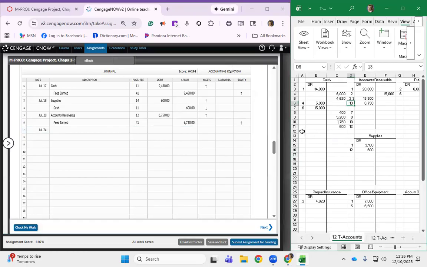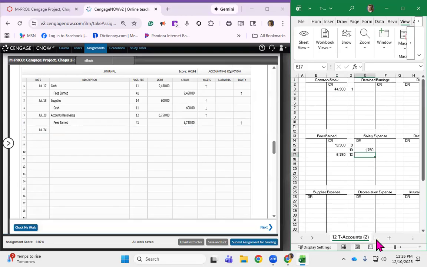So cash is going to go up. Okay, and this is number 14. Okay, all right, so the cash goes up by $4,500. All right, and that means that fees earned goes up $4,500. And that is number 14.